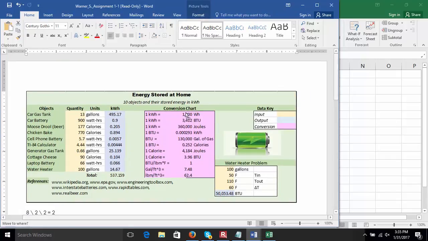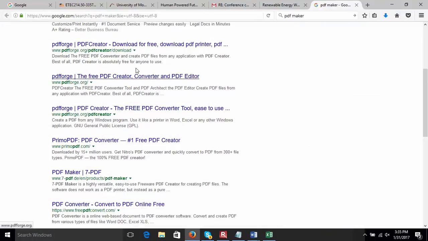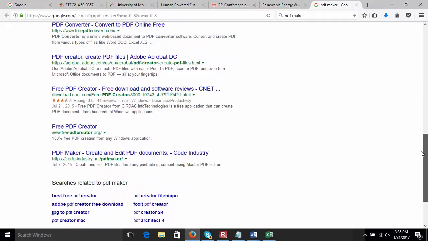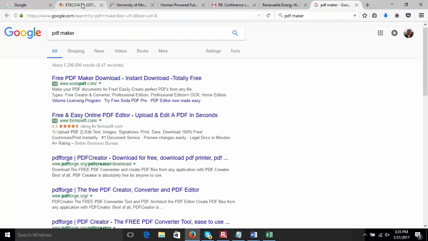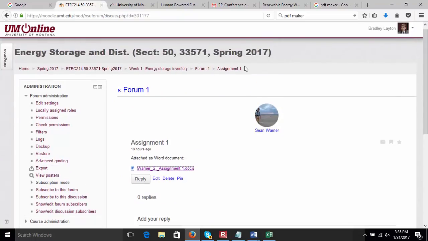But the way Sean's done it here, as an image, is fine. Okay, we are off to the races. And there are a bunch of free PDF makers. I'm not going to recommend one, but they're out there. I know I can do it, I just haven't played around with it enough yet.